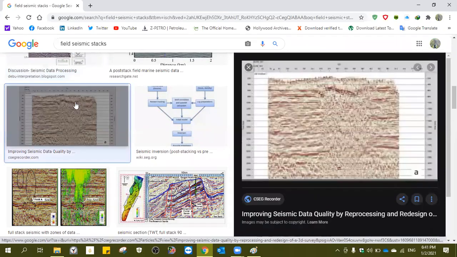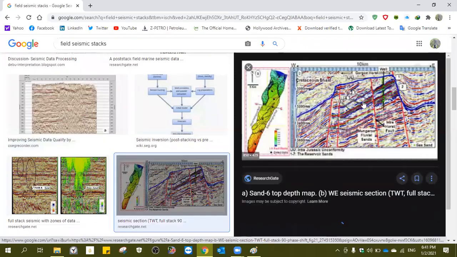Now we process our seismic data set. Three steps are there: data acquisition, when we collect the data on the field, then we process our data set, and at the end we interpret our data set. This is the full process, and this one is the interpretation.